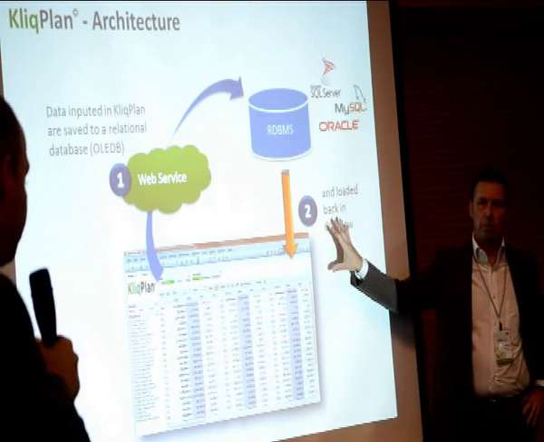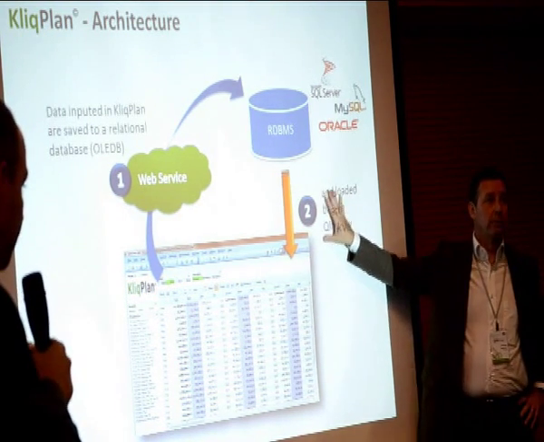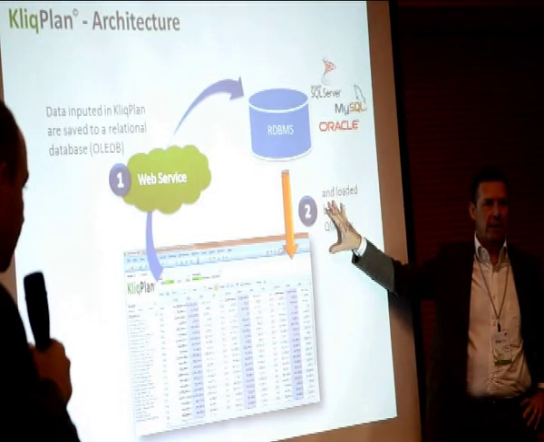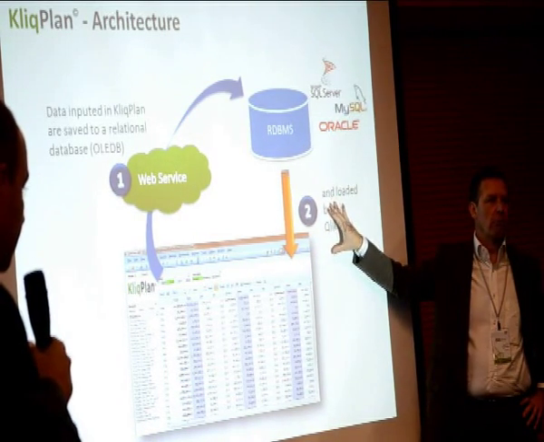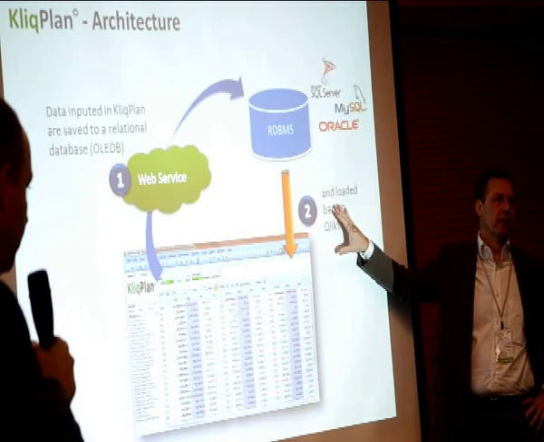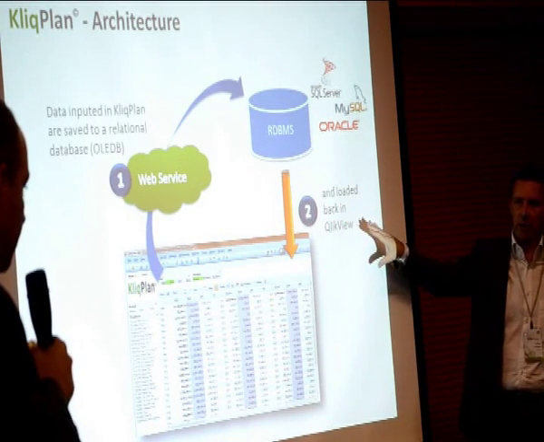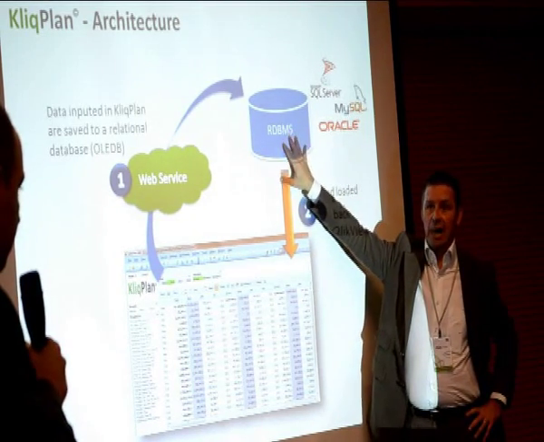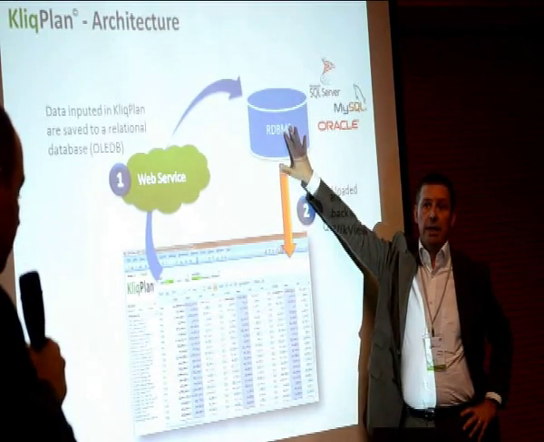This reload part probably in the future will go away because we were part of the beta testers of the new QlikView 11.2, the direct discovery, where you can keep the data in a hybrid model, part of the data in a relational database.